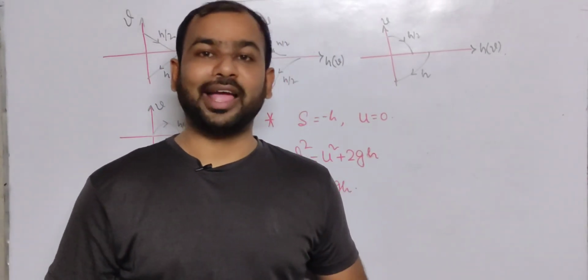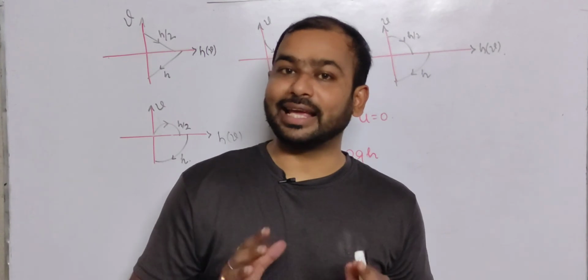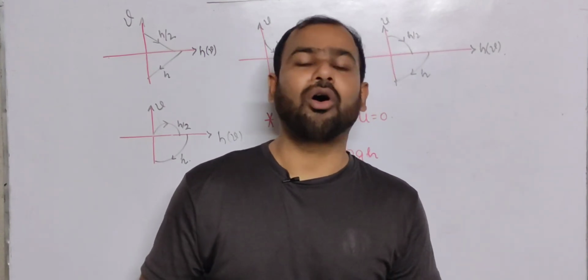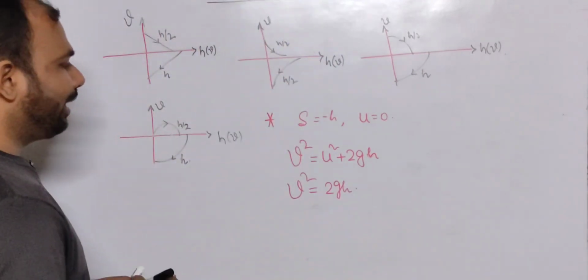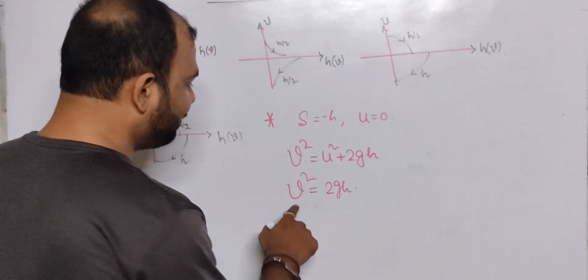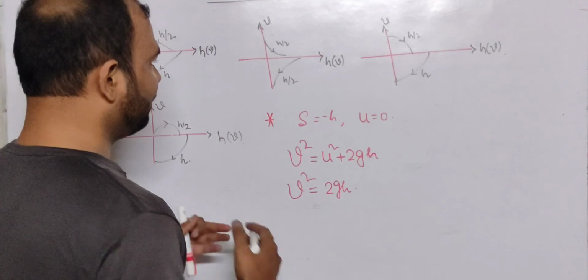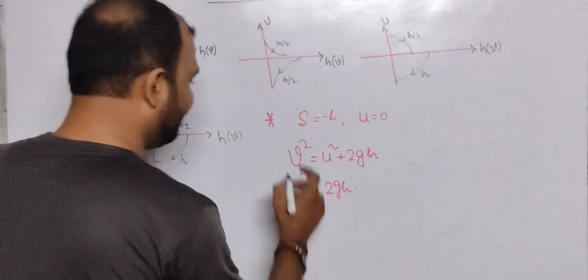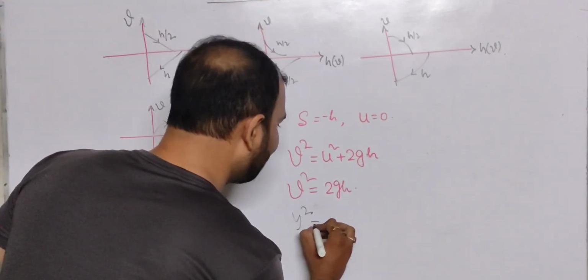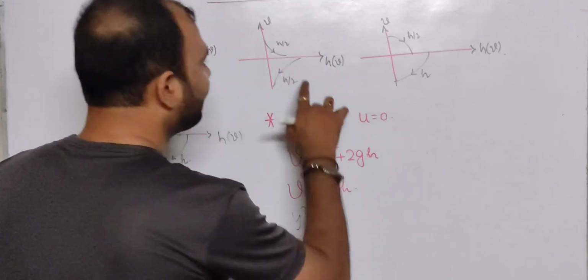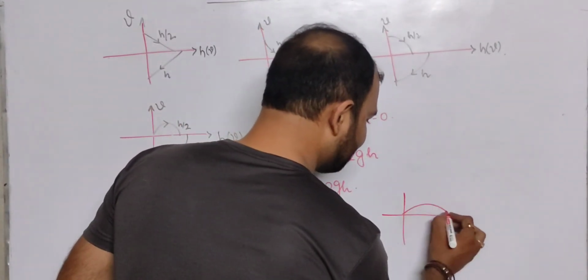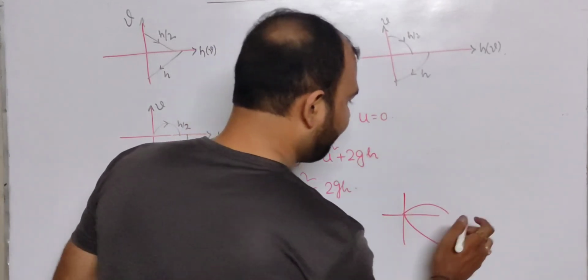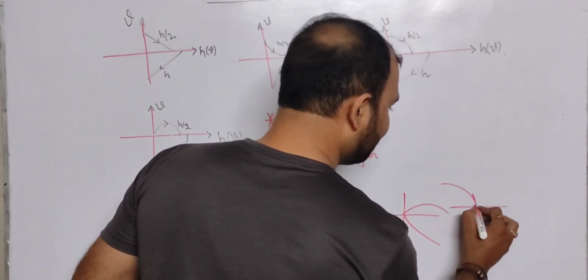We have to identify whether it is x square equals 4ay or y square equals 4ax. So we can simply replace v and h by the axes. Y-axis is v, y square equals 2gx. This kind of parabola looks like this or like this.